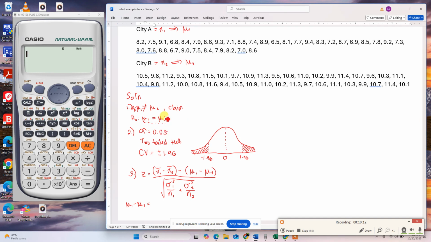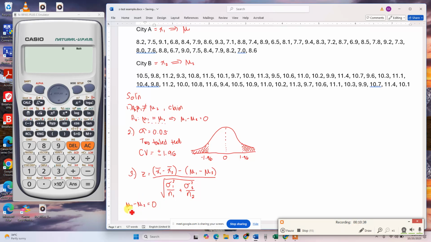If we subtract both sides by mu2, you have mu1 minus mu2, and mu2 minus mu2 equals 0. So in other words, mu1 minus mu2 is equal to 0.